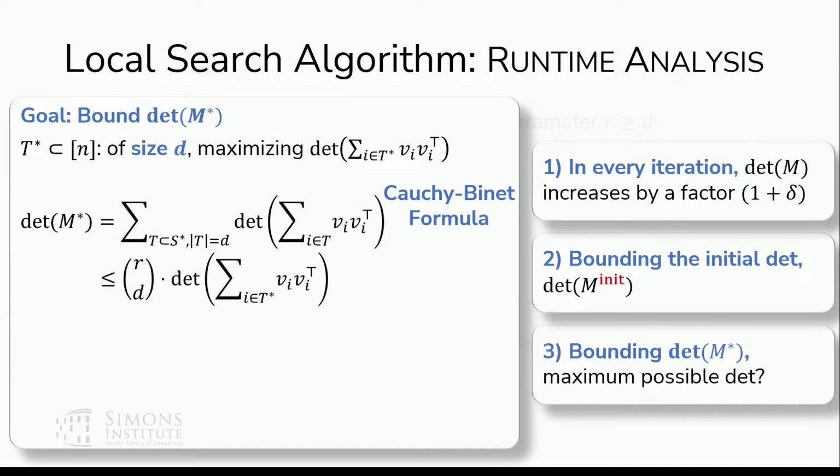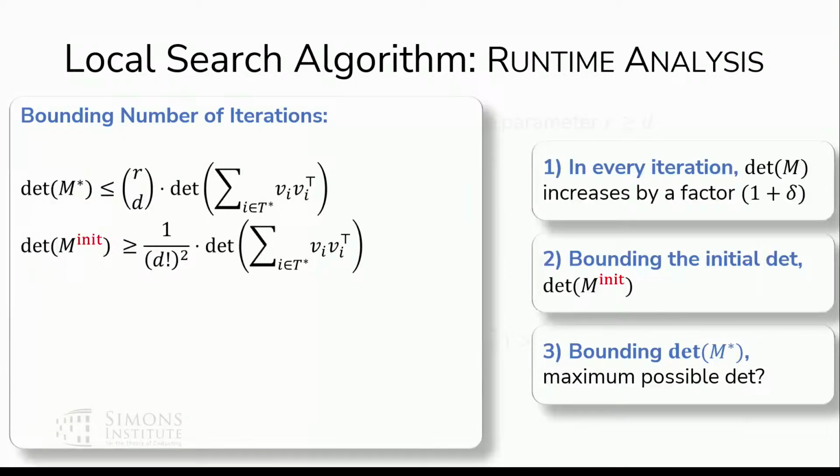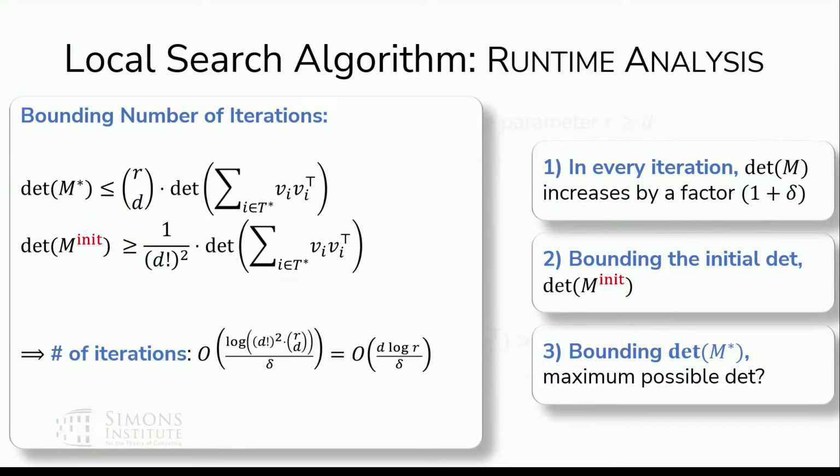And now, since I know that the number of terms here is r choose d, and each subdeterminant is less than the max determinant with d vectors, denoted by T star, then I get the bounds. So I get these bounds for the optimum, and I get this bound for the determinant of the initial matrix M. And since in each step I increase by a factor of 1 plus delta, this bounds the number of iterations by something like d times log r over delta.